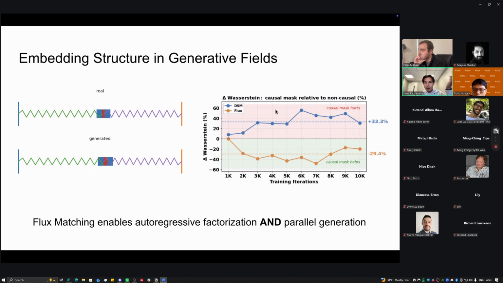So here we train DSM and flux matching with and without this causal mask. And we show, at least with DSM, this causal mask actually hurts performance. So with this causal mask, DSM increases its Wasserstein distance compared to its non-causal version.